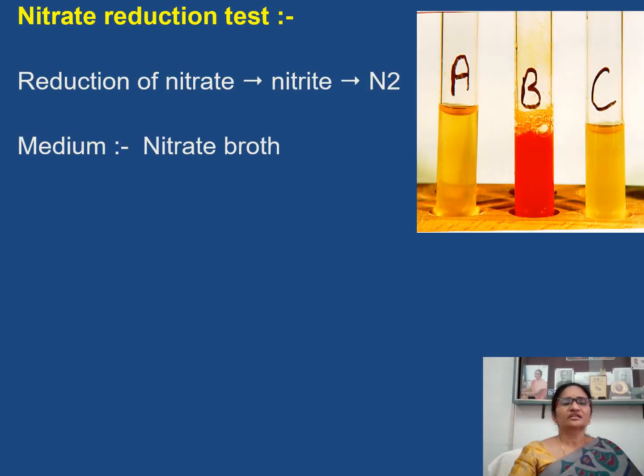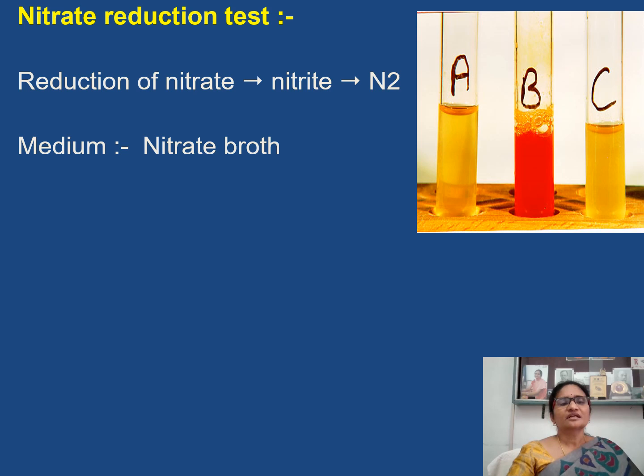Coming to the other biochemical tests for identification of bacteria, one more is the nitrate reduction test. Especially this test is used for identification of bacteria from the Enterobacteriaceae group, like Escherichia coli, Klebsiella, Salmonella, Shigella, whatever you take. All members of the family Enterobacteriaceae are nitrate reducing organisms.